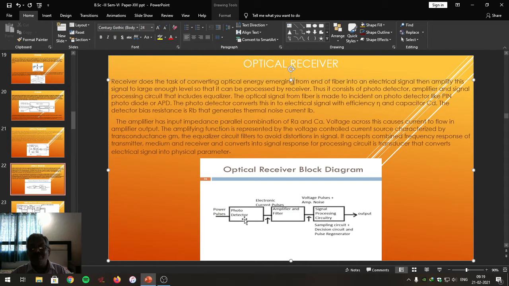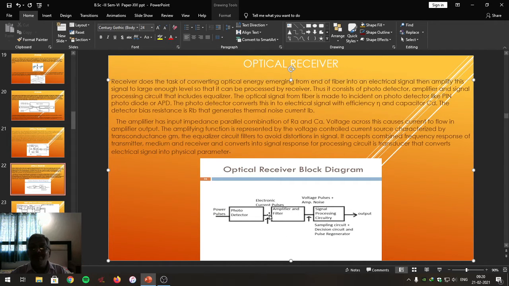It is a photodiode, maybe a PIN photodiode, or maybe an avalanche photodiode, that converts the light signal into an electrical signal. The output of the photodiode is connected to the amplifier, meaning to amplify the electrical signal which is converted or detected by the photodetector to the required level.